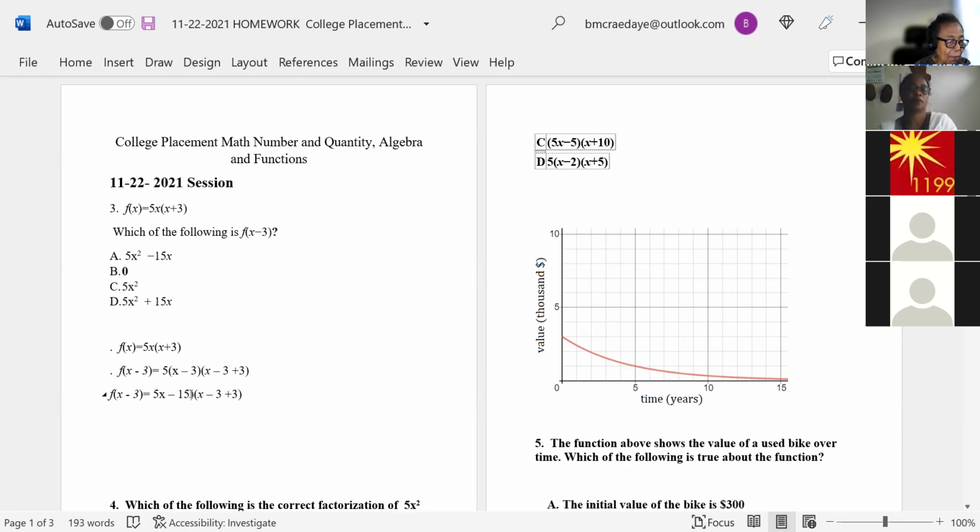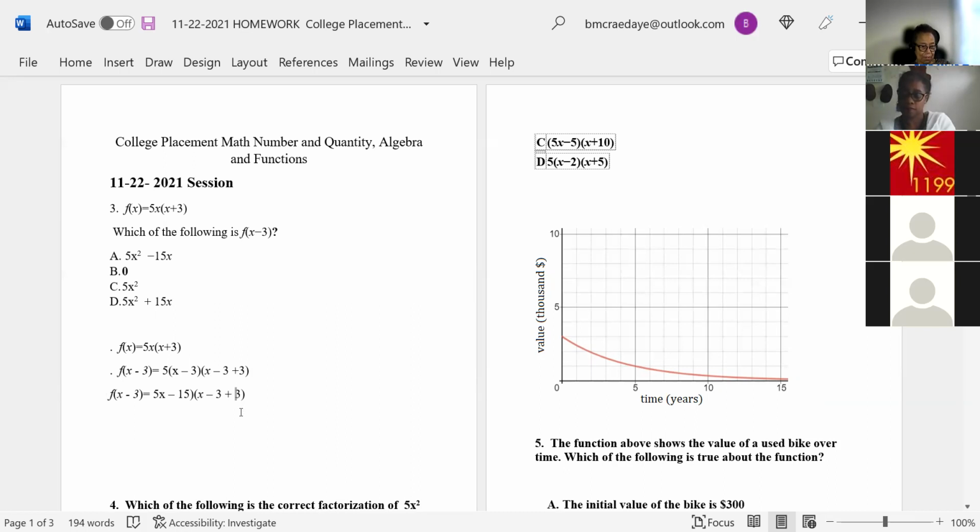Okay. Now we have x minus 3 plus 3. What is that, Maureen? X minus 3 plus 3. What is that equal to? 0. Minus 3 and plus 3 is 0.